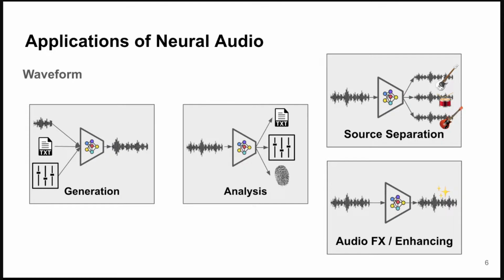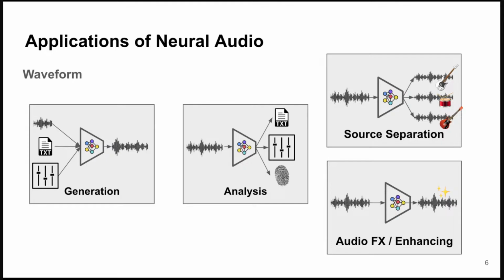We can have these applications for text to music that are very common right now, and they are in the news pretty often. Or we could have controls of a synthesizer, feed these controls to a generator and produce a waveform.